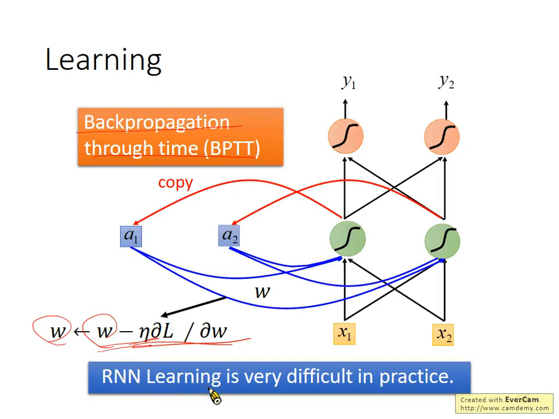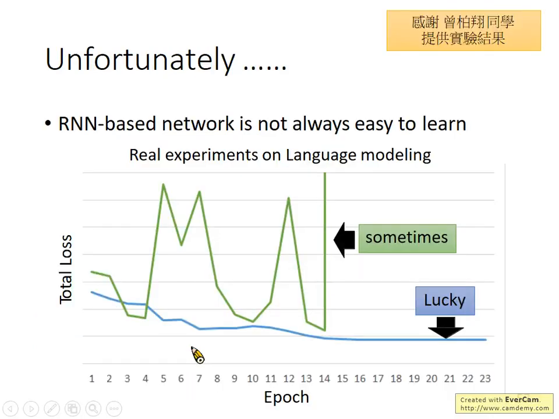However, RNN learning is usually very difficult in practice, although we can use such an algorithm to find the best function. Why? Because an RNN-based network is not always easy to learn. This is a toy example showing the relationship between the total loss and the number of epochs. Sometimes, when we are lucky, as the number of epochs increases, the total loss decreases smoothly and monotonically.